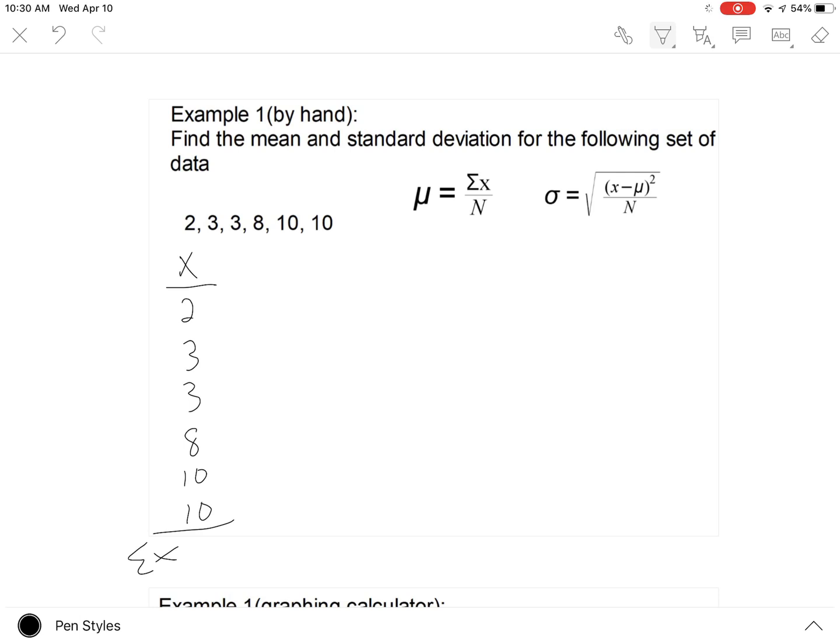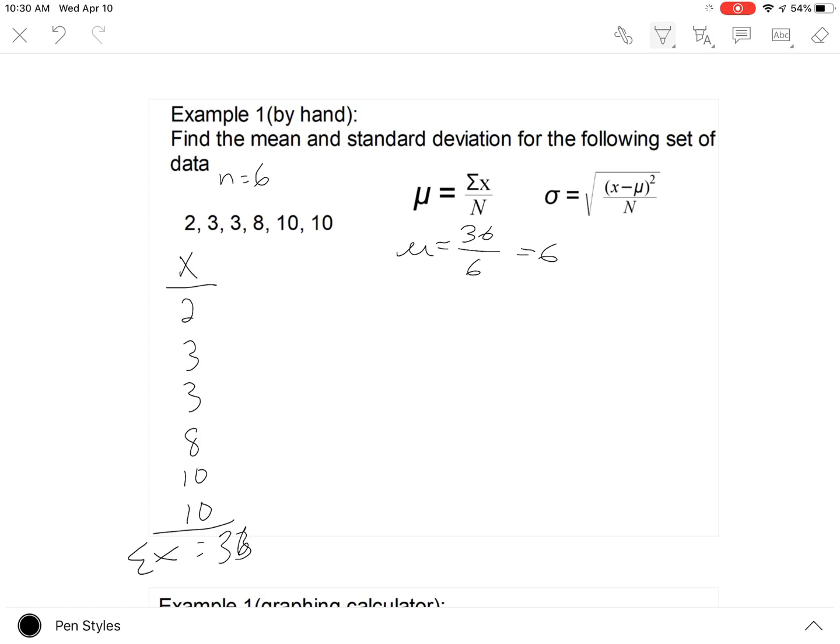So there's 20, 30, 33. I got 1, 2, 3, 4, 5, 6 numbers, so N is equal to 6. I think I might have miscounted here. Yes, 36. So my average is going to be 36 over 6, or 6.